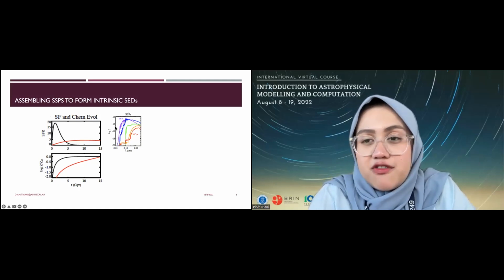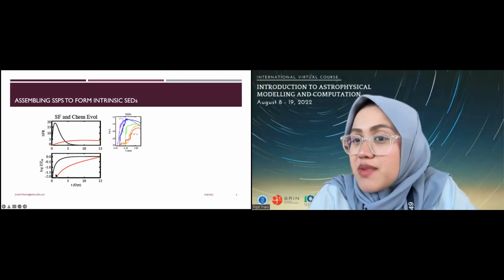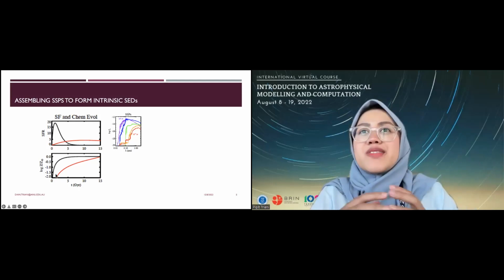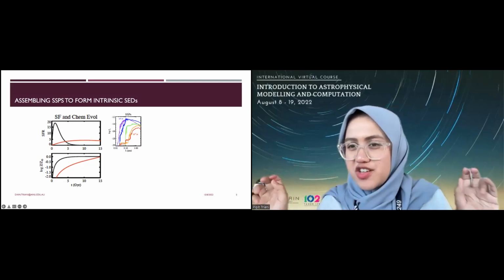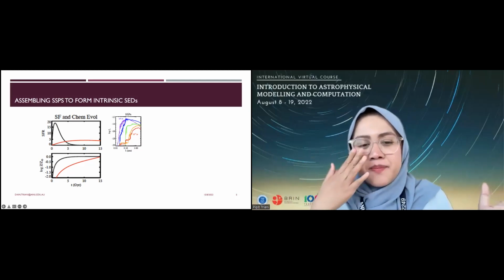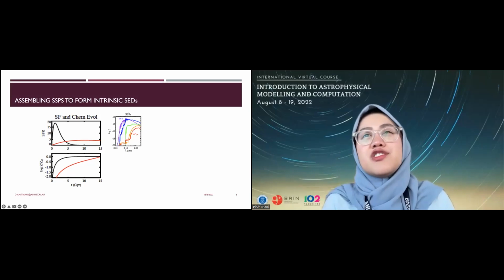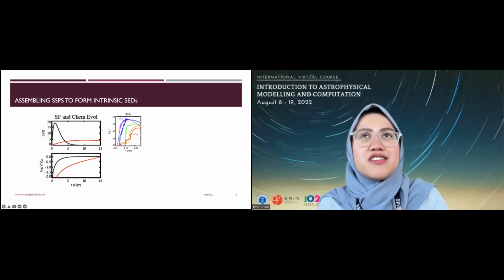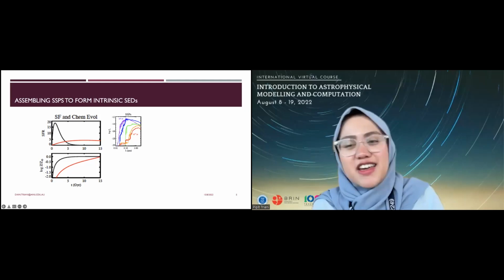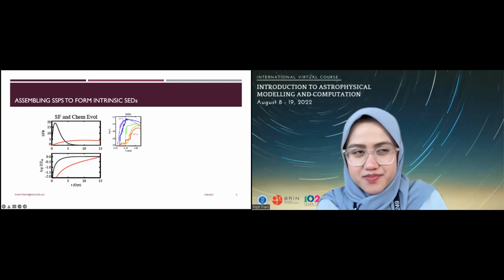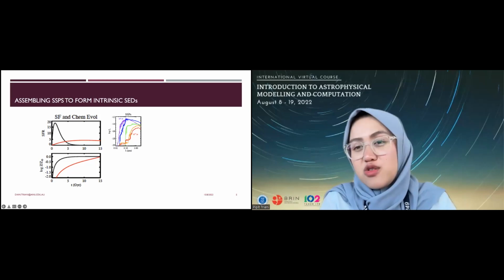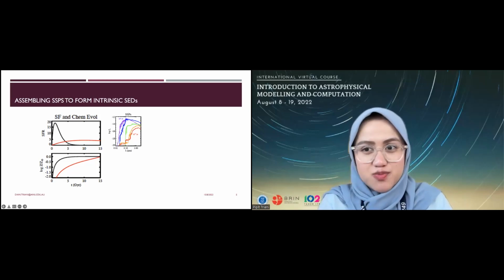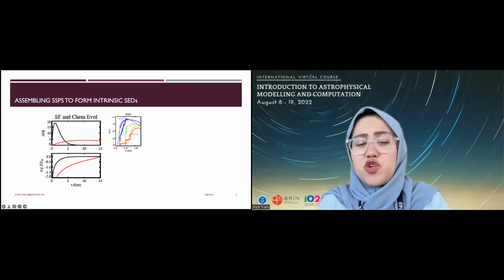And then different stellar populations will have different metallicity because they were born from gas with different pollution levels of metals. So the stars that are born when the galaxy is still young and not yet polluted with metals will have low metallicity because they formed from pure hydrogen.